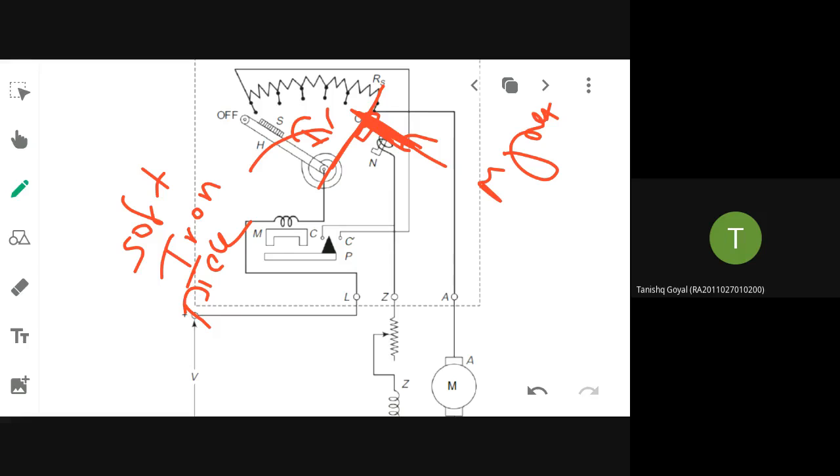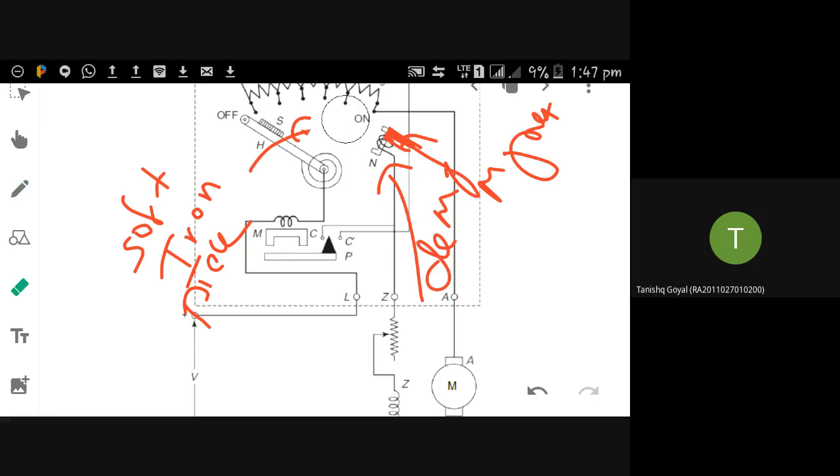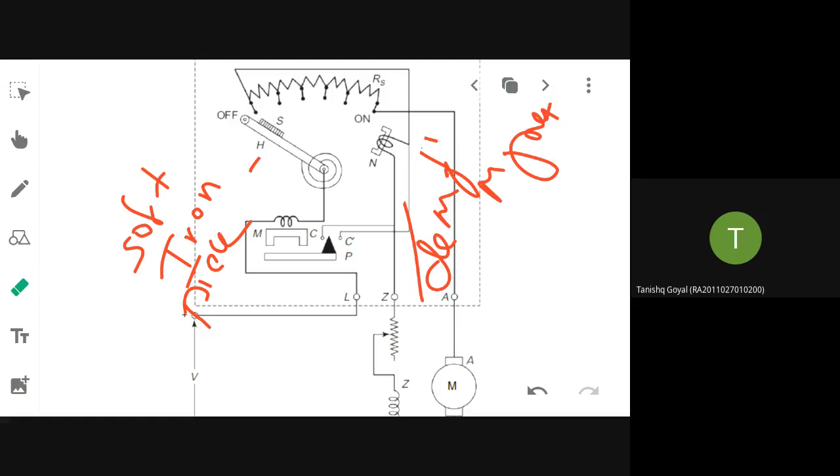Suppose the power supply is cut, then what will happen to the magnetism of this magnet? No power supply, so it will get demagnetized. If it is getting demagnetized, what will happen to the attraction? No attraction. Now the attachment between this soft iron piece and this NVR will not be there. So automatically the handle will come to the off position.